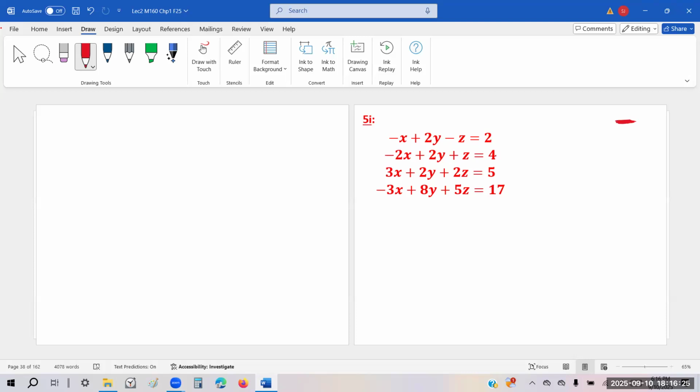We've done this one, so let's go down to this one. Can you get help from the first row or the second row?